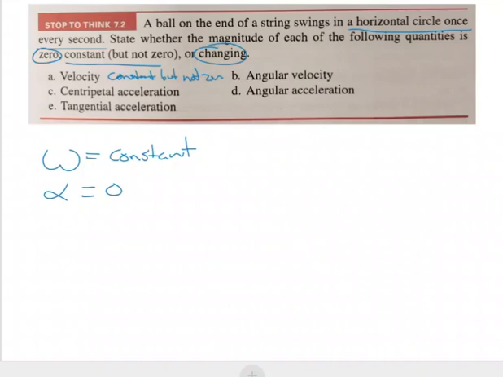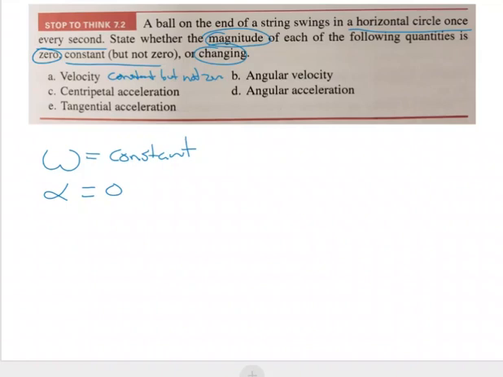You could argue changing because the velocity is a vector, and as this thing spins around, it would be changing. And I would actually agree with you on that one. Changing, but I think the intent is the magnitude, right? So we're talking about the magnitude. The magnitude would be constant. It's definitely not zero. The vector is changing, but the magnitude is not. So it's constant, but not zero.